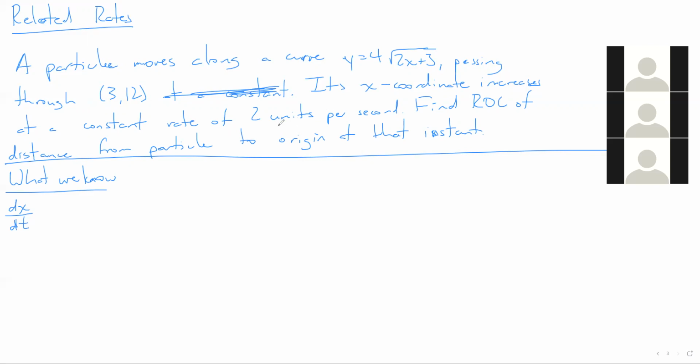So there's some kind of time base, some rate of change per unit time. What tells you I'm looking at dx/dt and not something else? Because it says the x coordinate. Right. So dx/dt is equal to 2 units per second. Definitely a good thing to keep track of. What else?